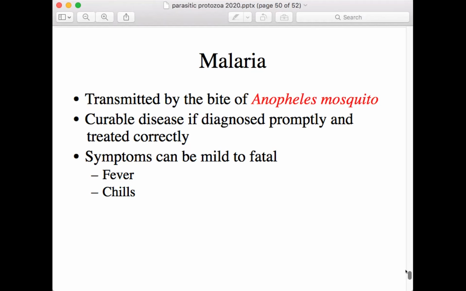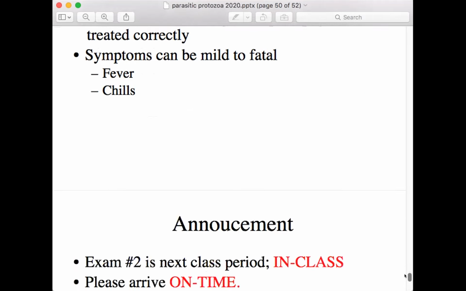Characteristic symptoms are fever and chills, and the list can go on depending on the health of the individual. We talked about the immune system and all the other factors that play a role in clinical manifestations of an infection. That is the case here with malaria. But some typical symptoms are going to be fever and chills.